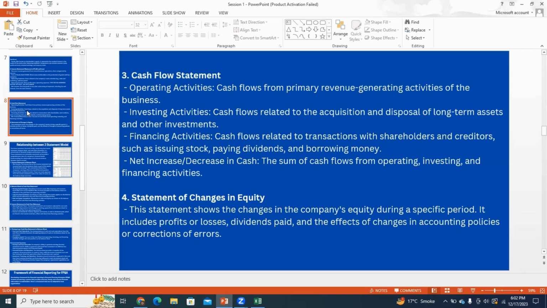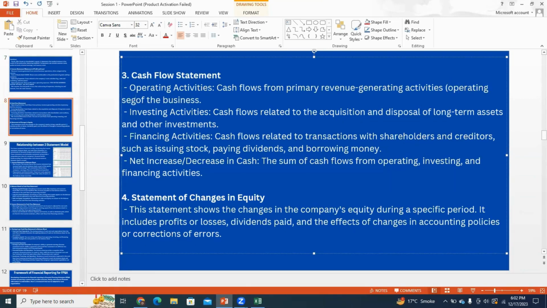These are the operating segments of the business. IFRS 8 applies here. So what are the different expenses, the selling expenses, general expenses? All of the day-to-day operations are the operating activities.